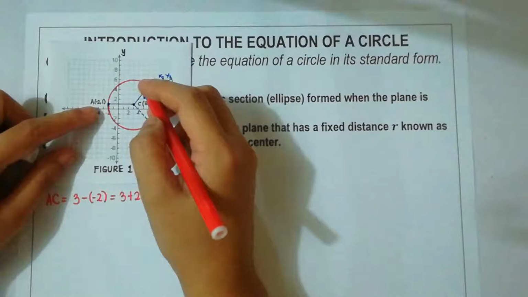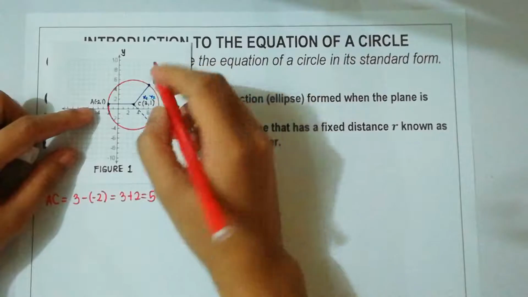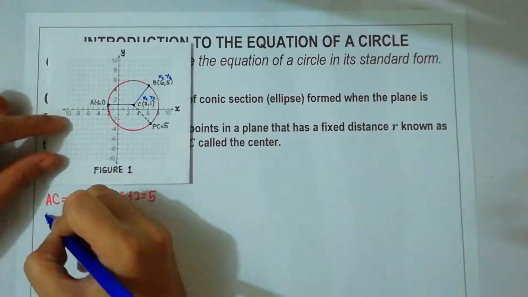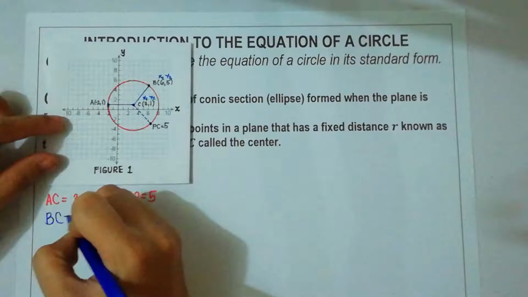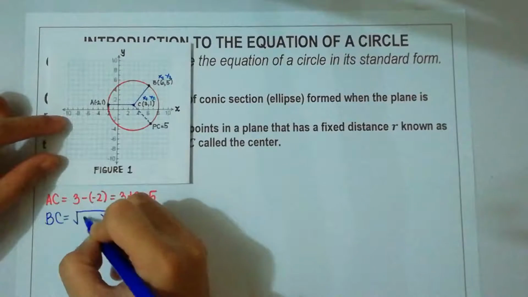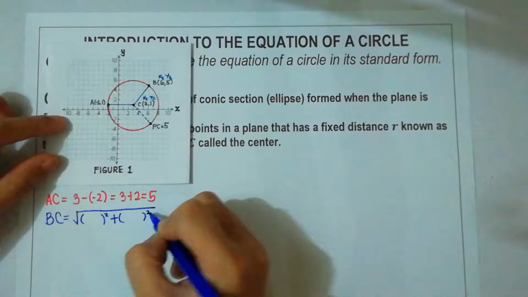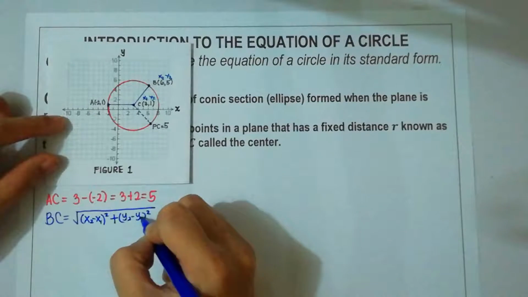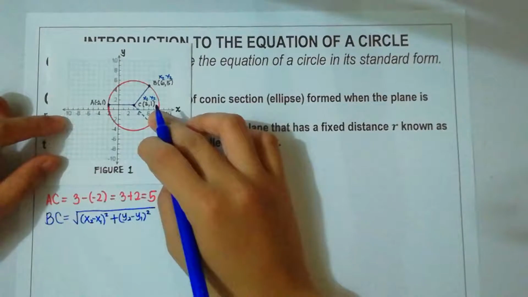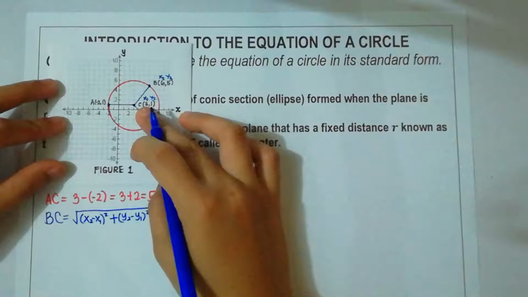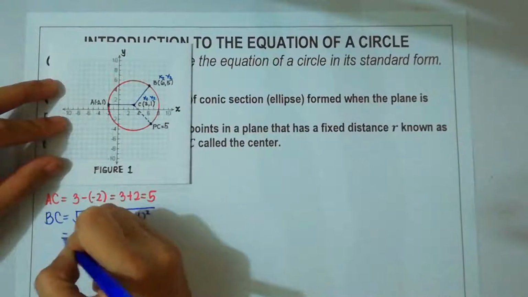So let's say that there's another point on the circle named B with coordinates 6 and 5. Using the distance formula, B to C is equal to the square root of the sum of the squares of x sub 2 minus x sub 1 and y sub 2 minus y sub 1. I have labeled it here: this is our x sub 2, y sub 2, point B, and x sub 1, y sub 1, point C. Let's substitute.